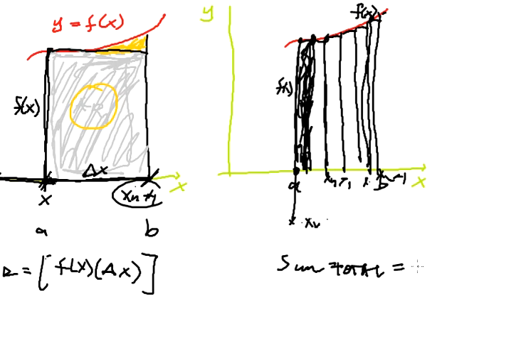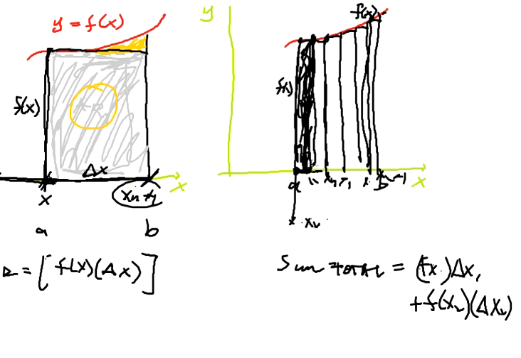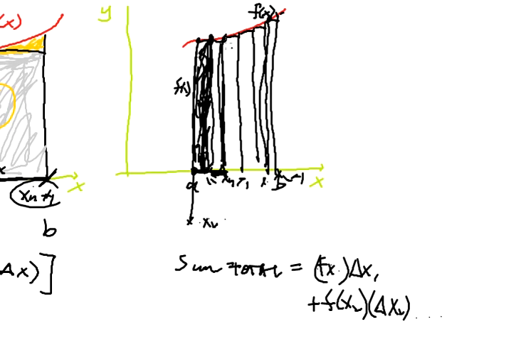So we need f of x1 multiplied by delta x1, which is x sub 2 minus x sub 1, then plus f of x2 multiplied by delta x sub 2, and so on and so forth until we complete all of these rectangles, right?